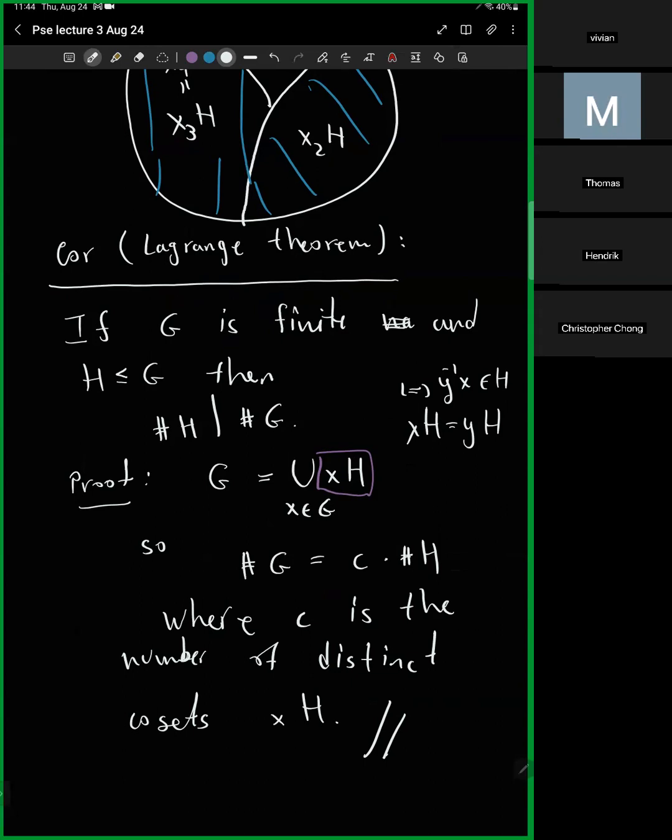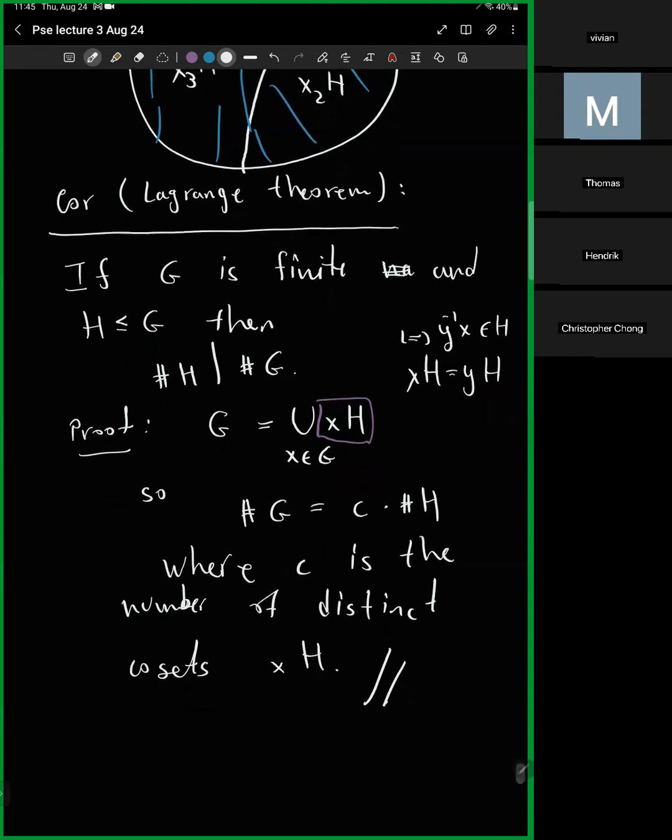Any questions? We did quite a bit by now, so this would be a good opportunity. So does that mean that groups with a prime number of elements don't have a subgroup? Exactly. Apart from, I mean, you always have the trivial ones.